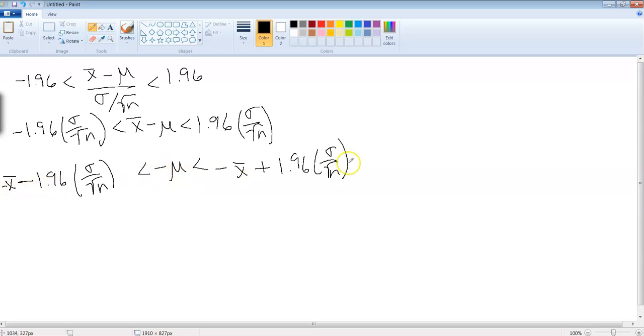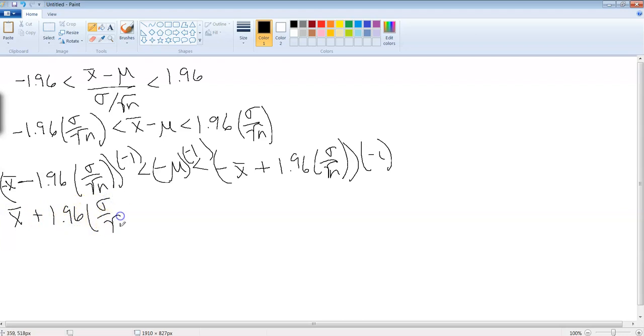So if I multiply everywhere by negative 1, so negative 1 here, here, and here, I get on the left x bar plus 1.96 times sigma over the square root of n. In the middle, I get mu, and on the right, I get positive x bar minus 1.96 times sigma over the square root of n.